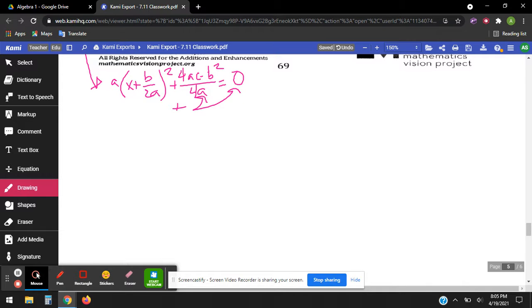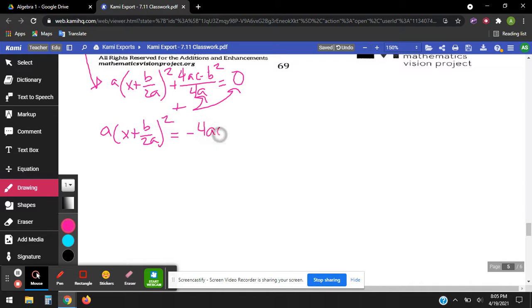So then I end up with a times x plus b over 2a squared equals negative 4ac. I have to distribute the negative again, plus b squared over 4a.